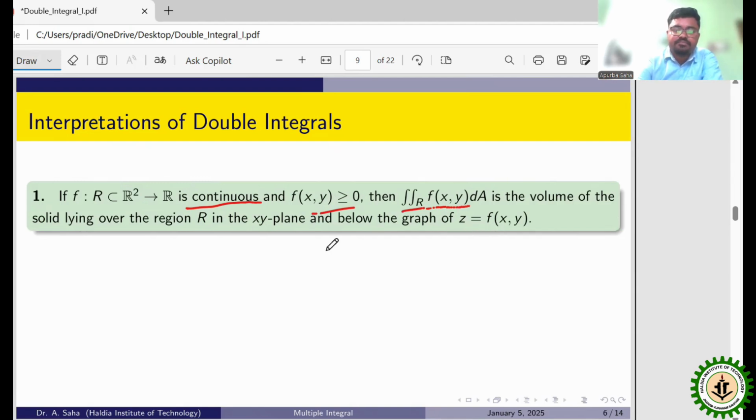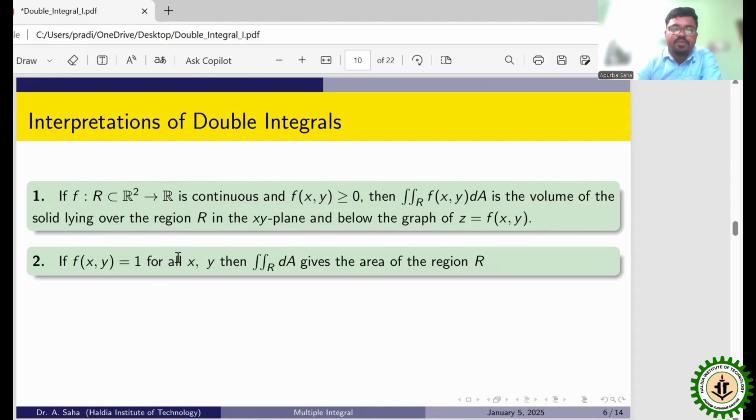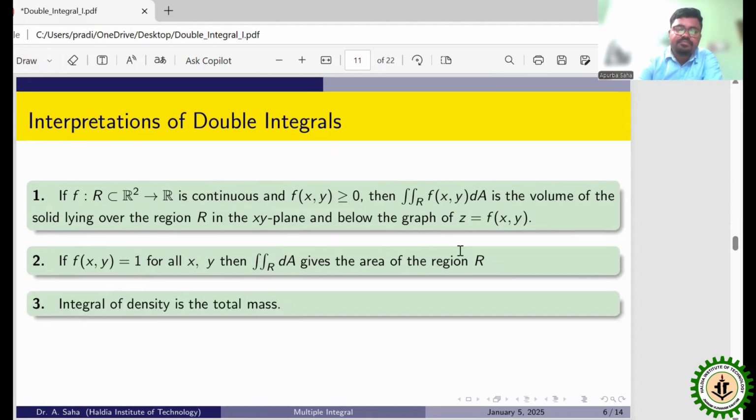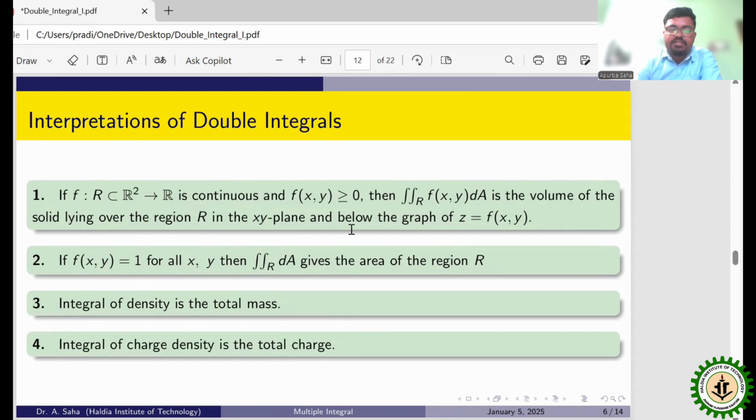Next one. If f(x, y) equals 1 for all (x, y) in the region R, then double integration over R of dA gives the area of the region R. Integral of density is the total mass, and last one, integral of charge density is the total charge.